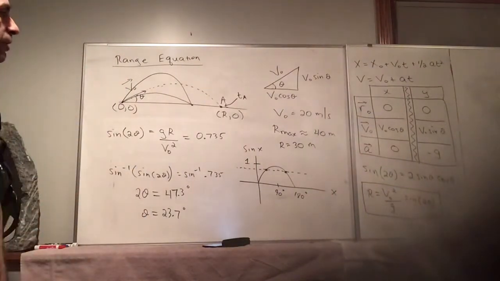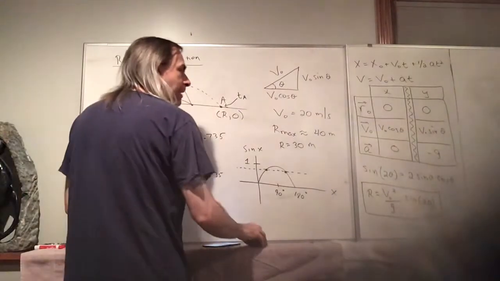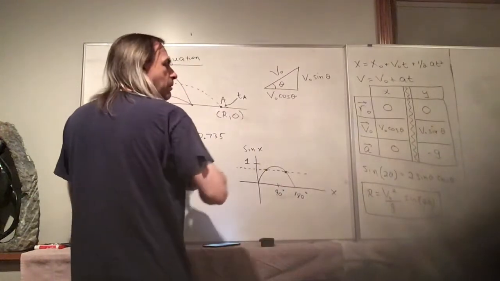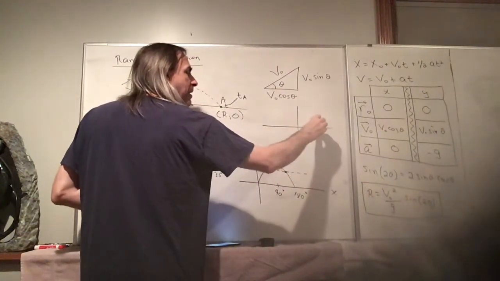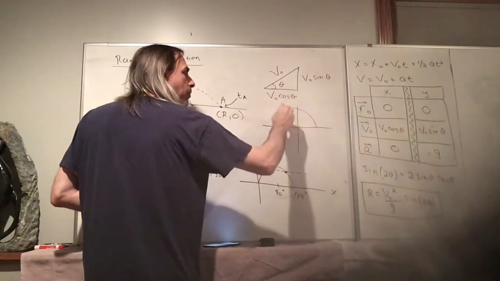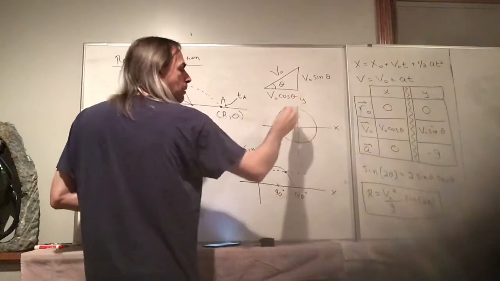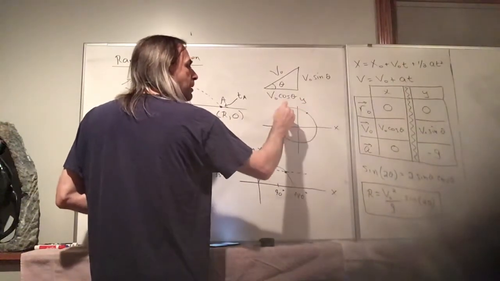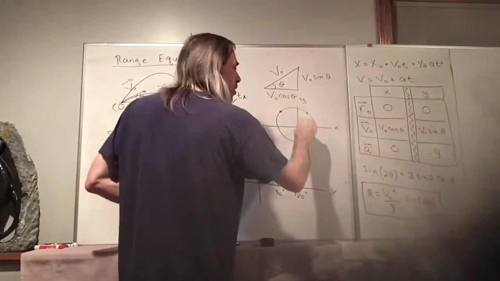One thing we could do is look at a unit circle. So I'm going to erase this. Let's try a unit circle. And remember, the sine is the y component. So there should be 2 points between 0 and 180 that have that same y component.